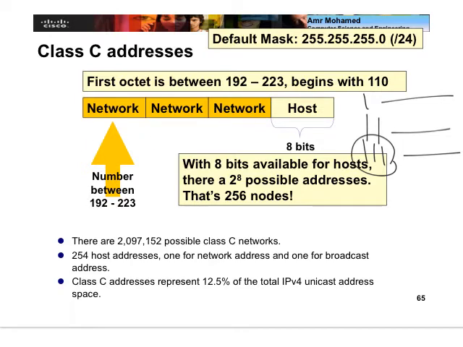So you have a huge number of networks, and each one of them has a very small number of hosts. So how many networks do we have?